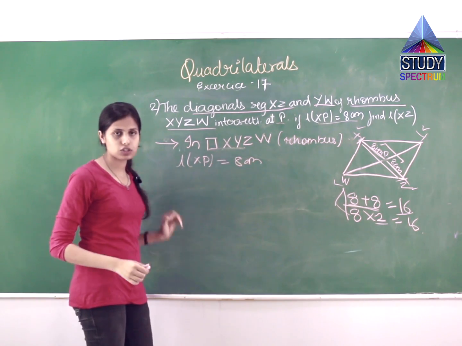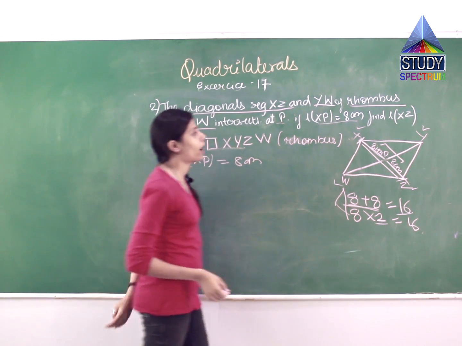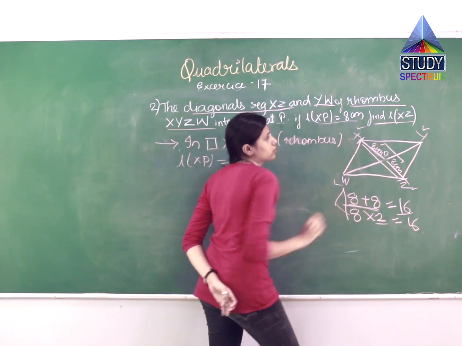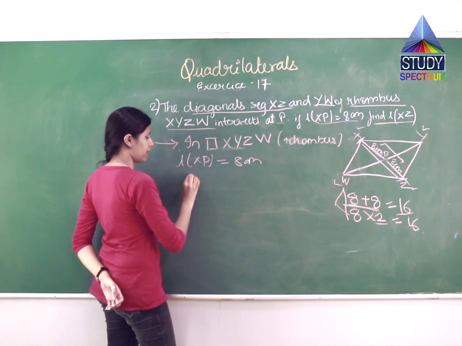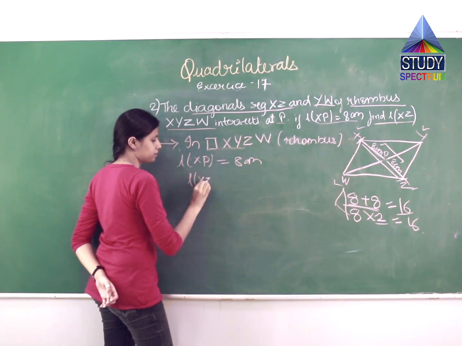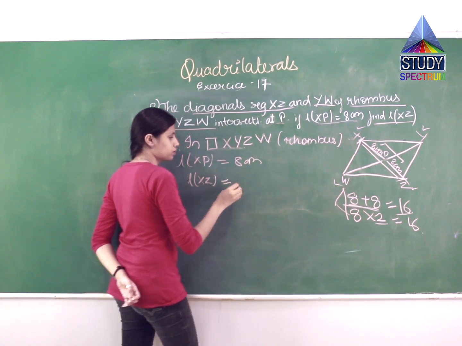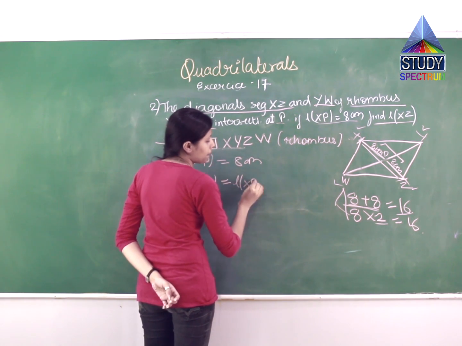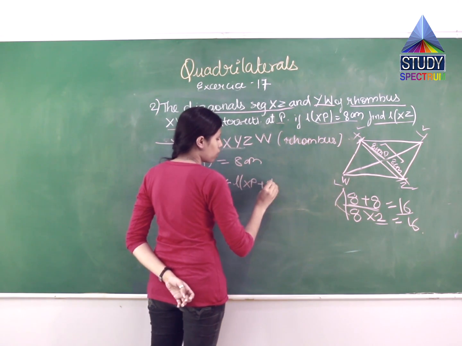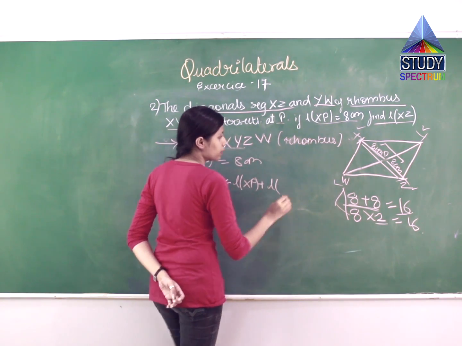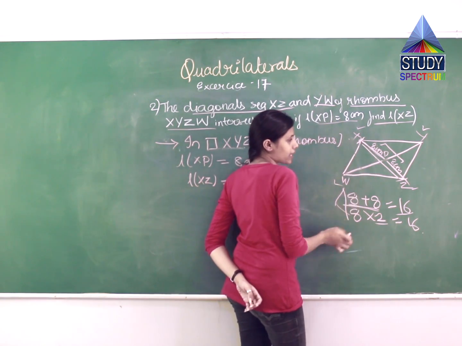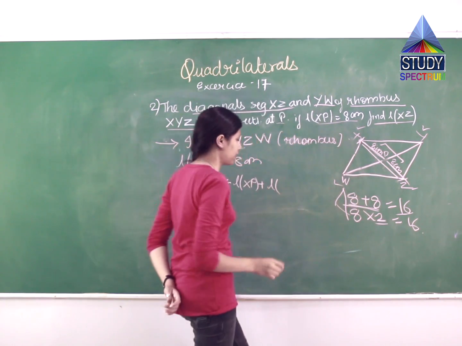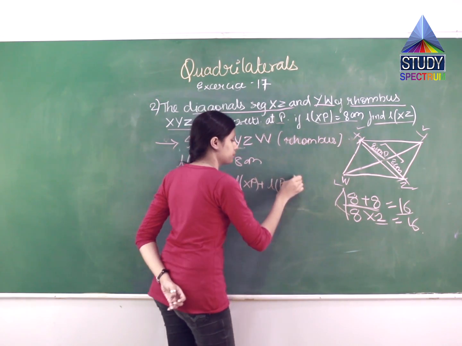So this information is also given. Now you have to write XZ. So how to write it? Length of XZ is equal to length of XP plus length of PZ. See, this is XP, so length of XP plus length of PZ. You have to write that.